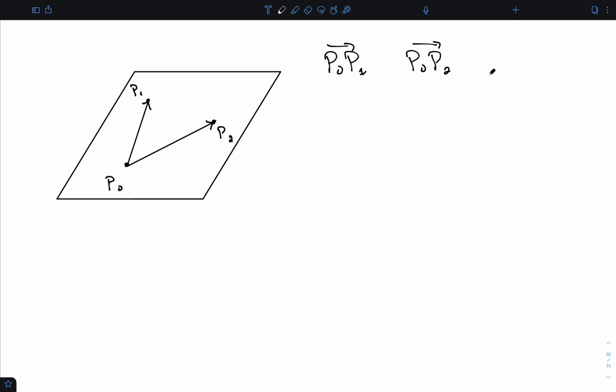We need to find a normal vector. So we need to find a vector that's orthogonal to both of these vectors, so that it'll then be orthogonal to the plane. By definition, the cross product of the vectors is orthogonal to the vectors. So once I find these vectors, I can take their cross product to get the normal vector. I can then use that normal vector in any one of my 3 points to find the equation of the plane.